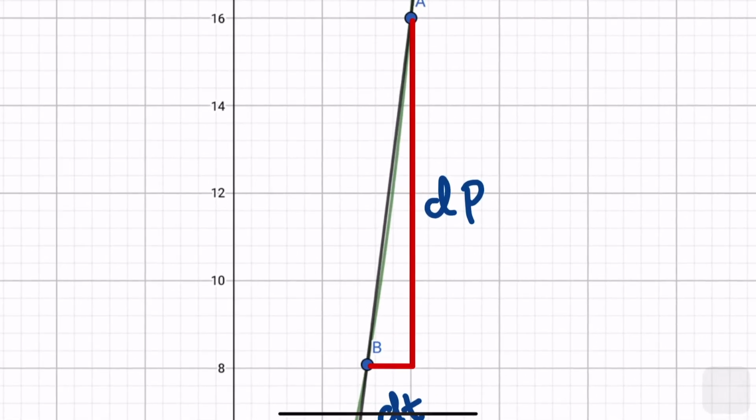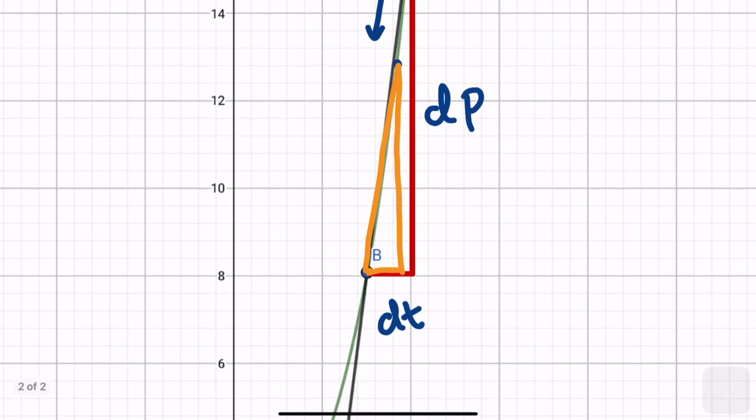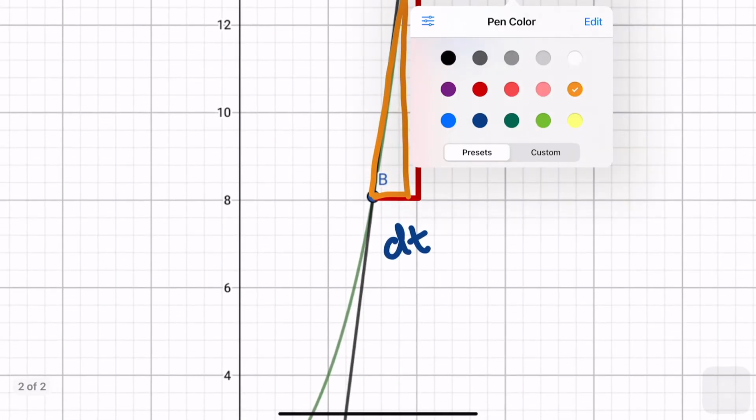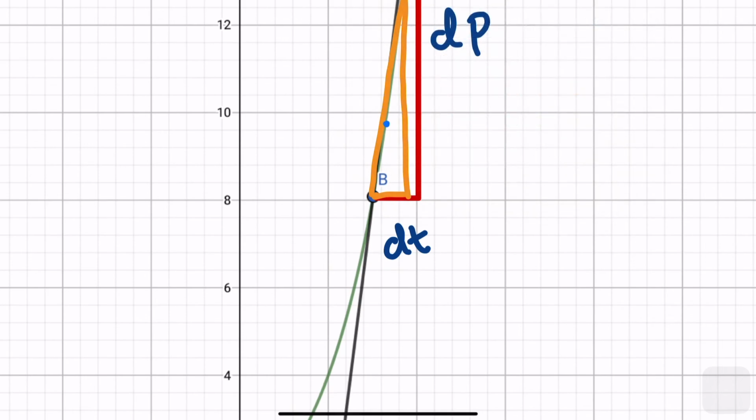Maybe we change a, going closer here, and the triangle will be different. Then going closer with b, it's also a different triangle.